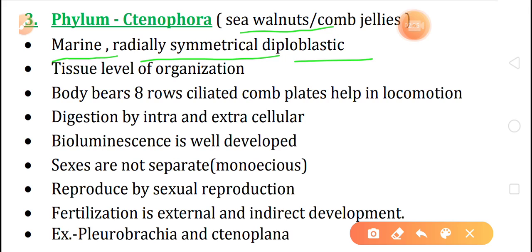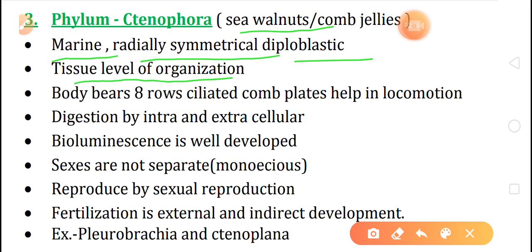Ctenophora have a tissue level of organization. The tissues are found in sea walnuts or comb jellies, and these tissues play important roles in different tasks.